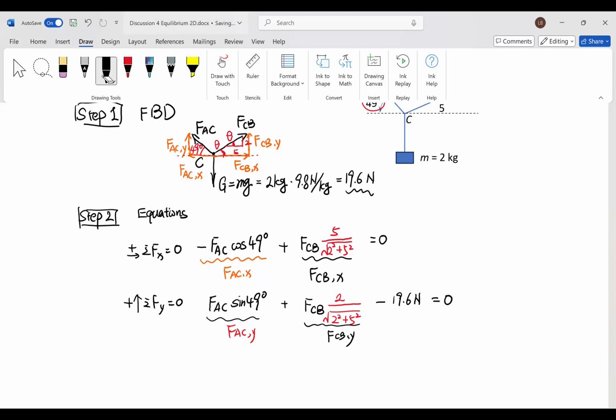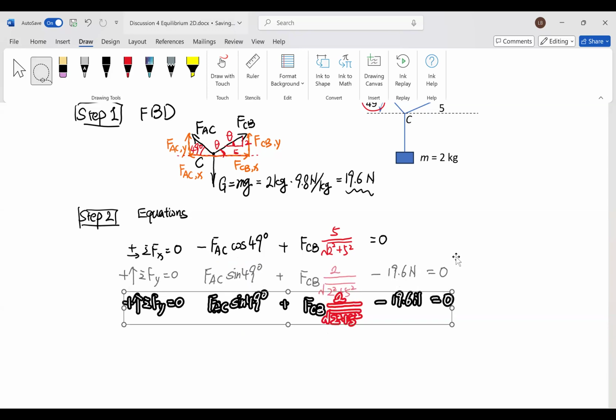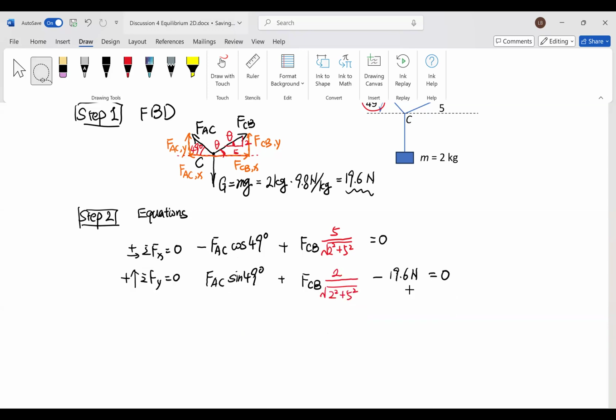Let's remove all annotations and make it clear. So now we have 2 equations. How many unknowns? We have 2 unknowns.